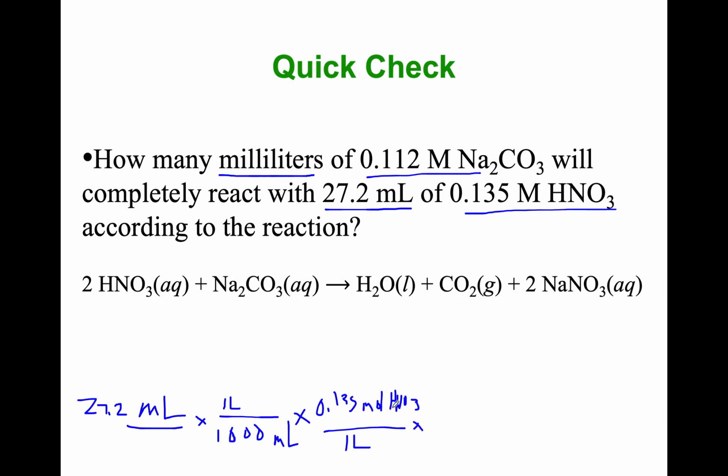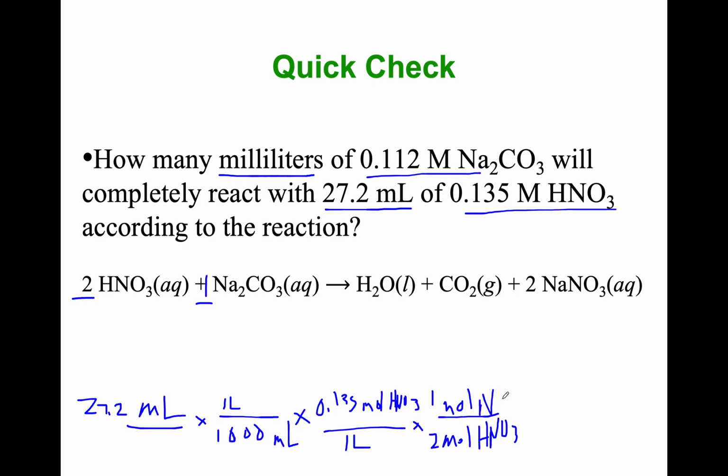So if you're in moles of nitric acid, then you got to go to the balanced chemical equation and see that's also a 2-to-1 ratio. So if we used M1V1, M2V2, we get the wrong answer. So that's 2 moles HNO3. And on top here is moles of the sodium carbonate.